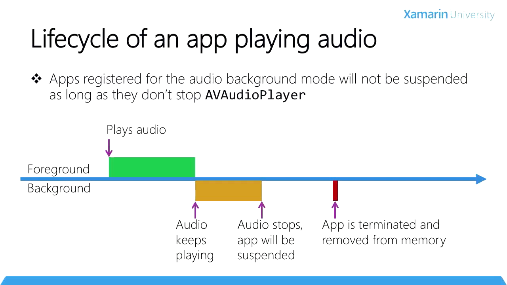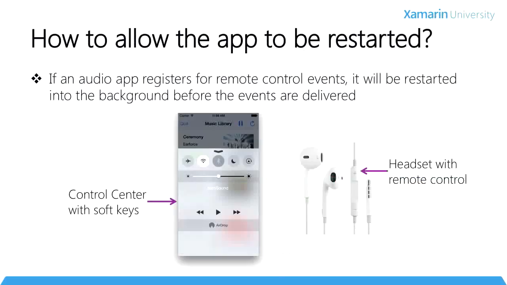So the question is now, if our app has been terminated, is there a way for us to restart the playback via some external event? And the answer is, yes, there is. We can use what's called remote control events. And these events, they can come from different sources.